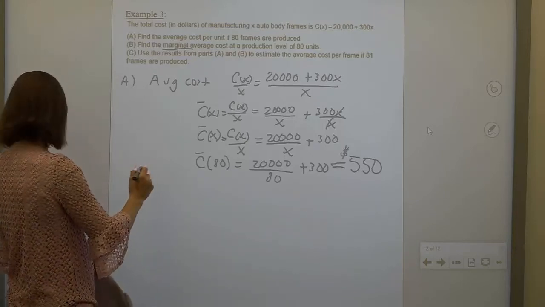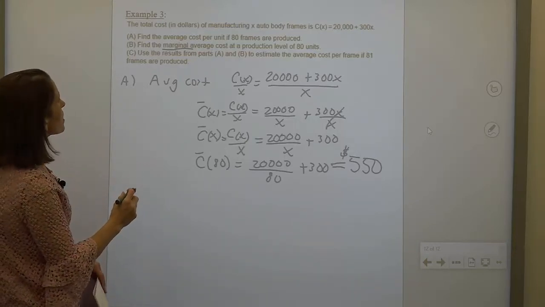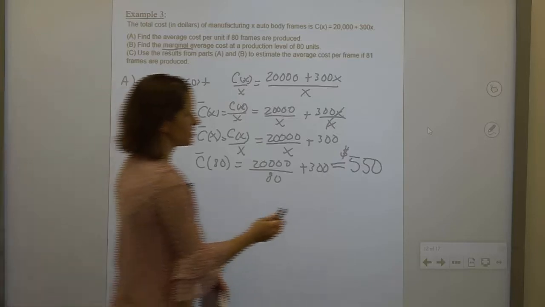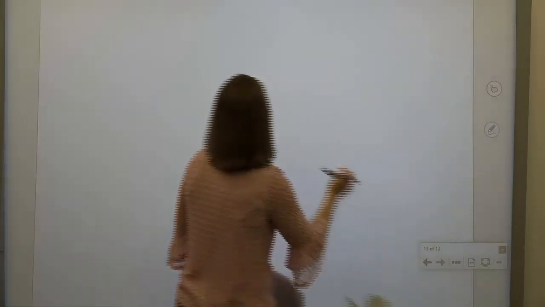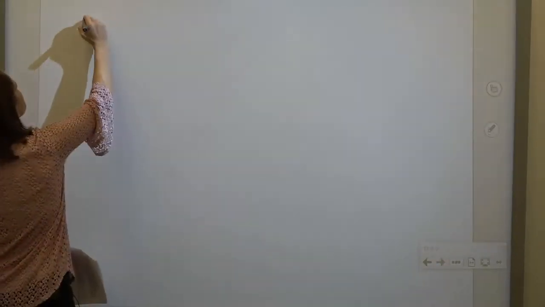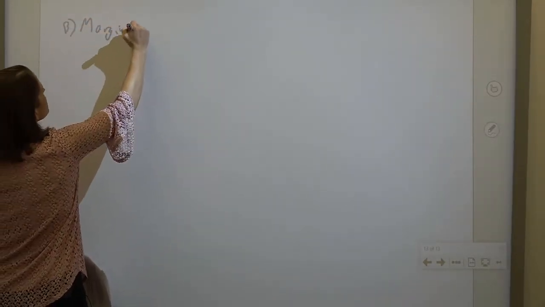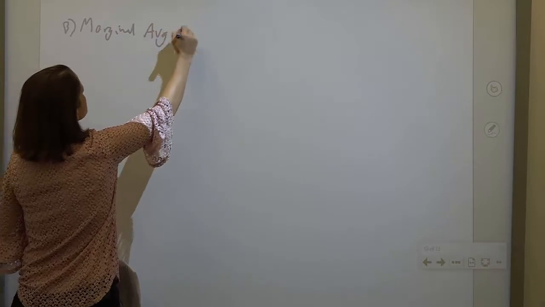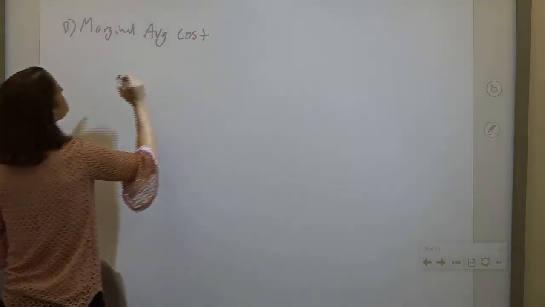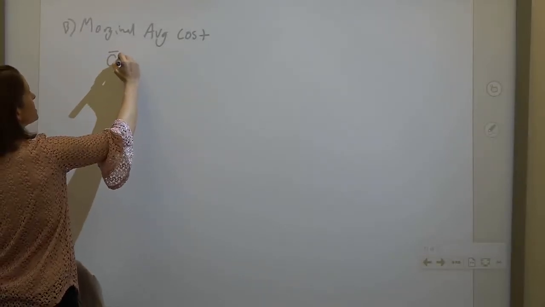Okay, so then in B, we are finding the marginal average cost. So we have to first know our average cost, but we did that.